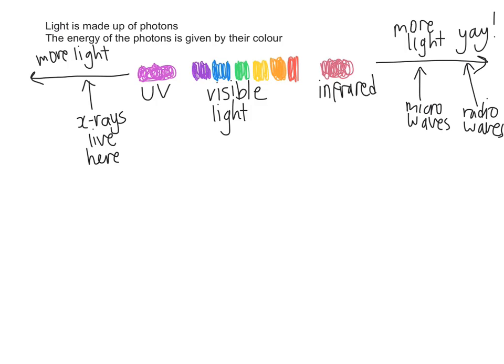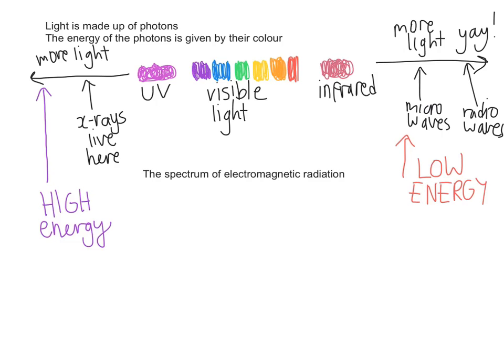And that's a brief rundown of the electromagnetic spectrum. So basically one end of the spectrum is low energy radiation and the other end is high energy. And so this is why colour is linked to energy.